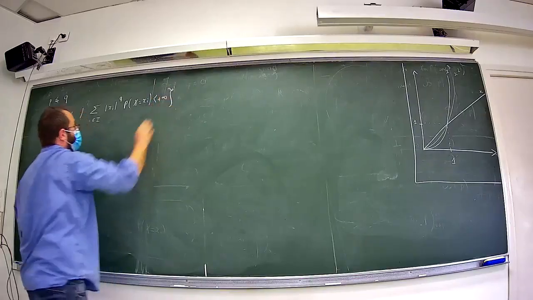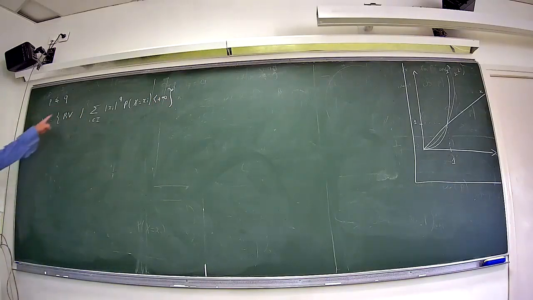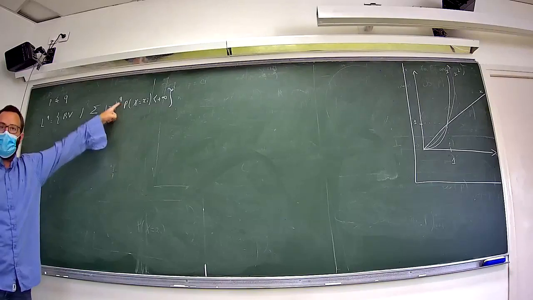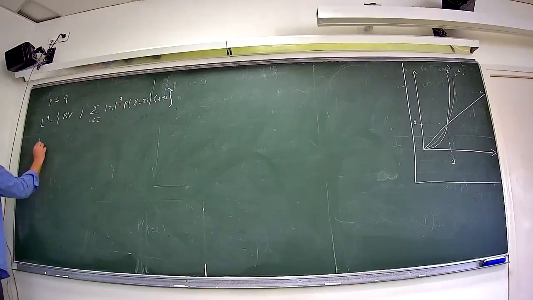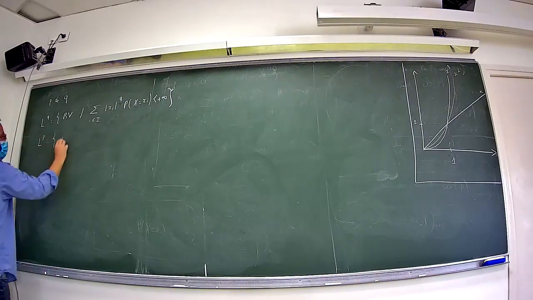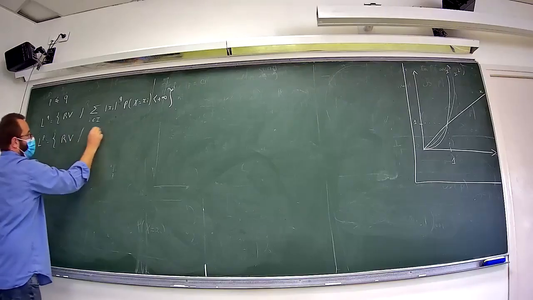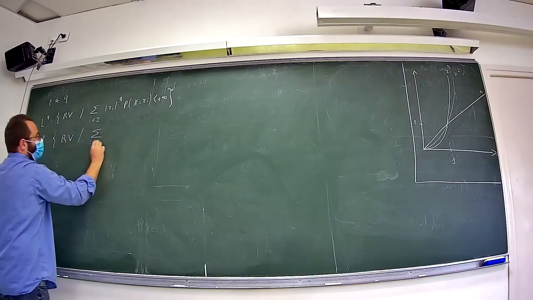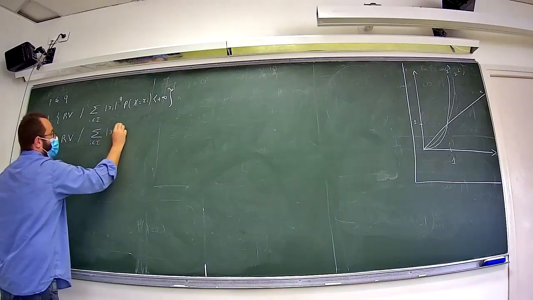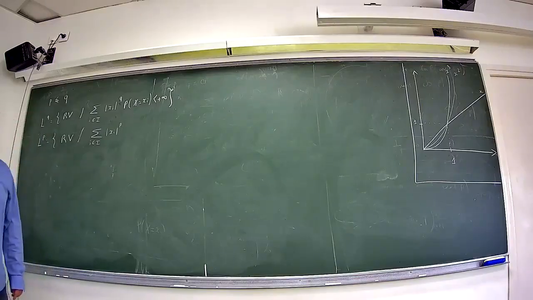I just copy the definition for the moment. Lq is this one with the power q. What is Lp? Lp is the same, but with my small p instead of small q.